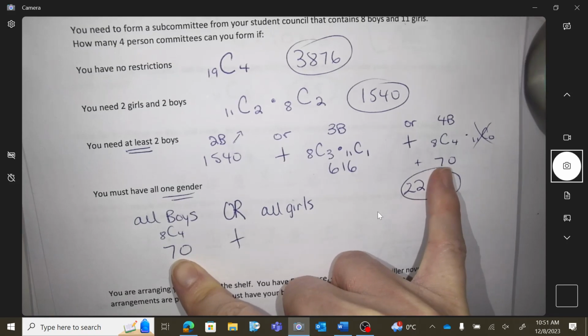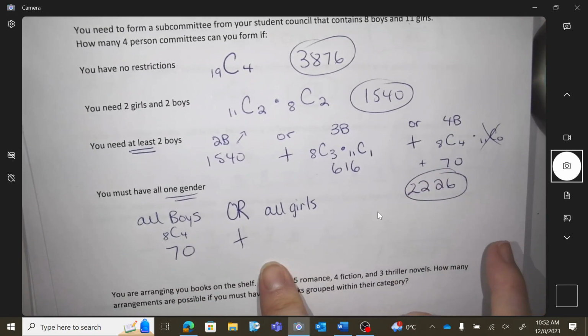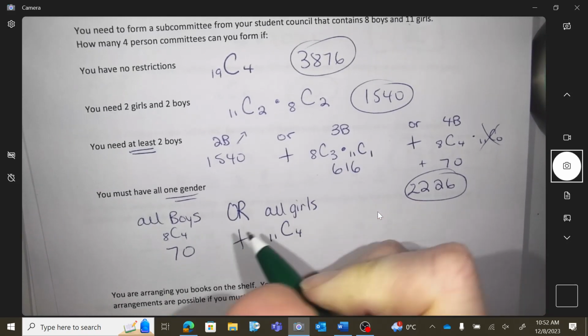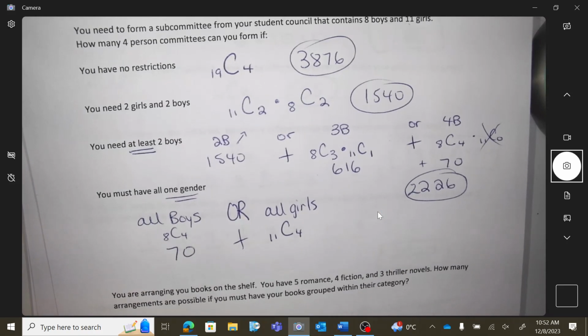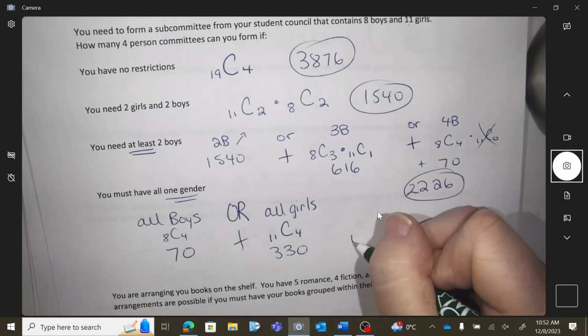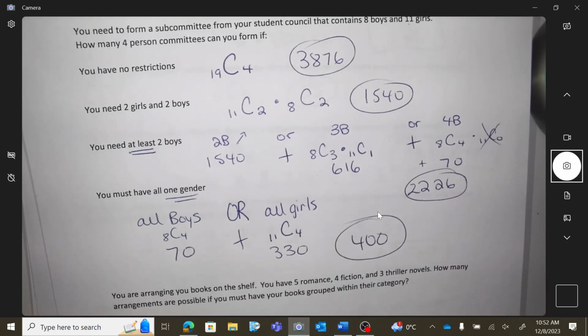That was that part. And then the other situation, if you were to just put girls on, would be 11, choose 4. Okay, so think about the scenarios that are happening. All one gender, you could have done 2 different options, right?